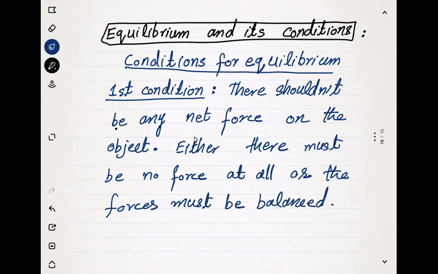So in any case, there will not be any net force. The first condition of equilibrium is about forces, and it says that there should not be any net force on the object. The two possibilities are either there will not be any force at all, or the forces will be balanced.